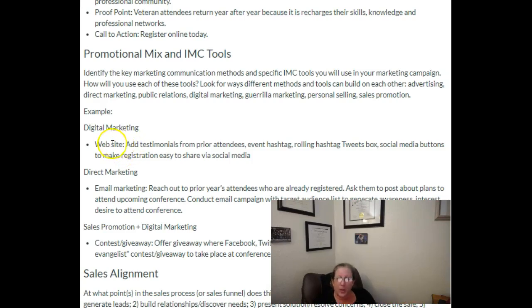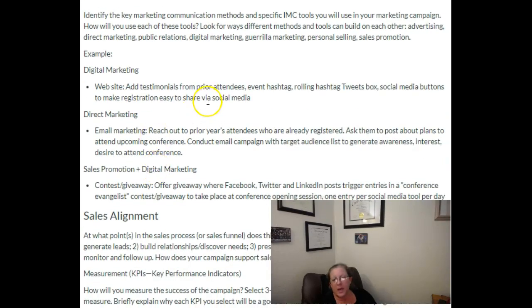So the example here they're giving is digital marketing, a website. You could add testimonials from prior attendees using event hashtags, a rolling hashtag, a tweet box, and social media buttons to make registration easy via social media.